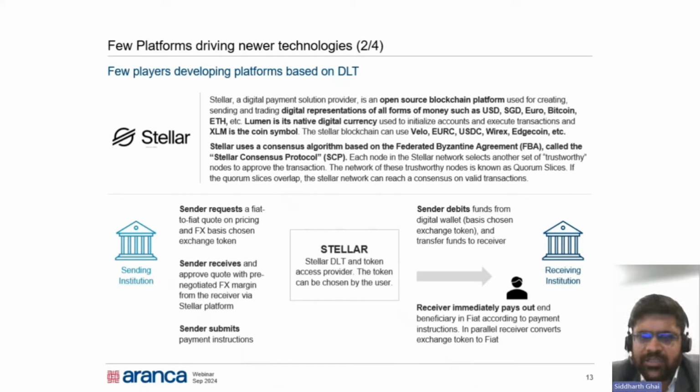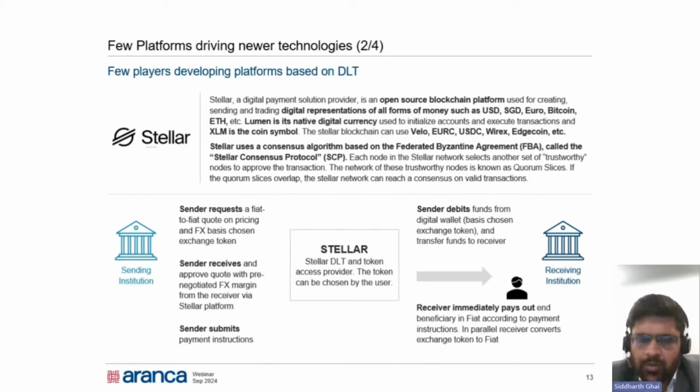So what happens? You leverage the blockchain whatever you want to use, and then you use the native digital currency provided by Stellar and do the transaction. So it is a similar kind of process wherein you are given a possibility to choose from different kinds of blockchain platforms that the system provides. All right, and here it uses a consensus algorithm based on FBA called the Stellar Consensus Protocol.